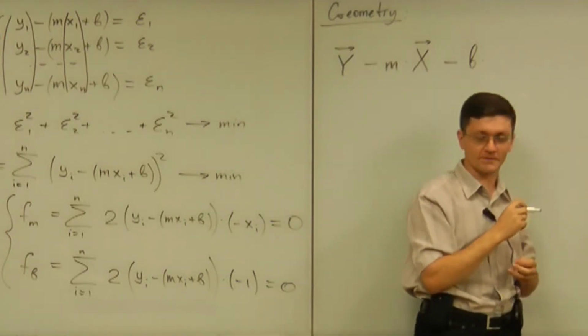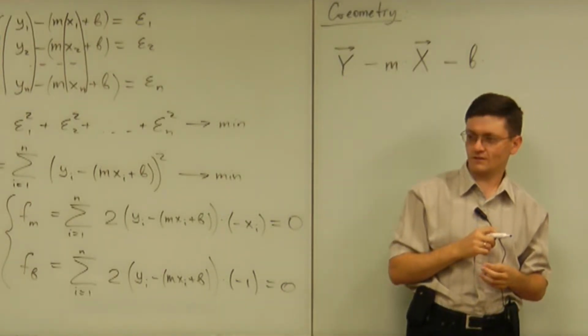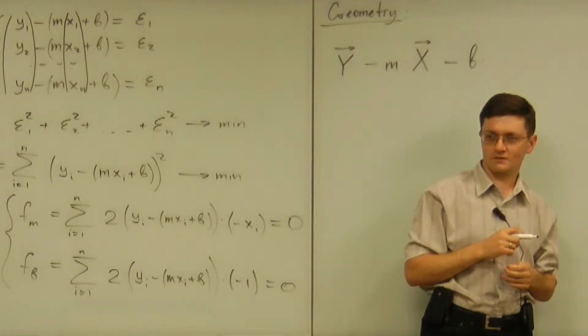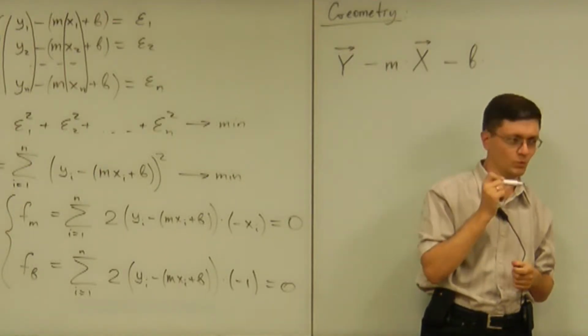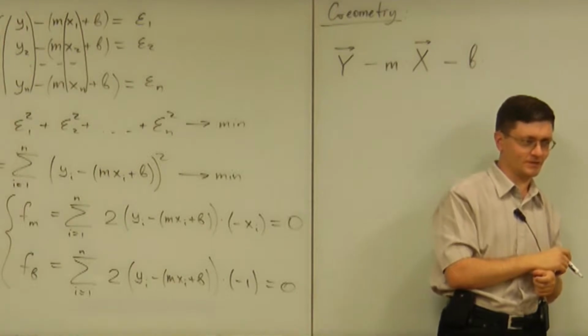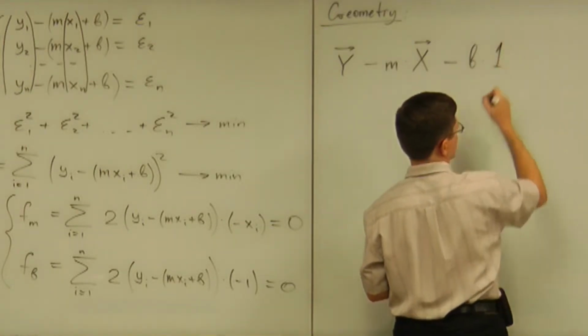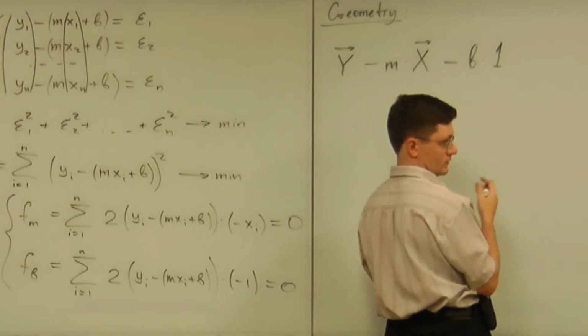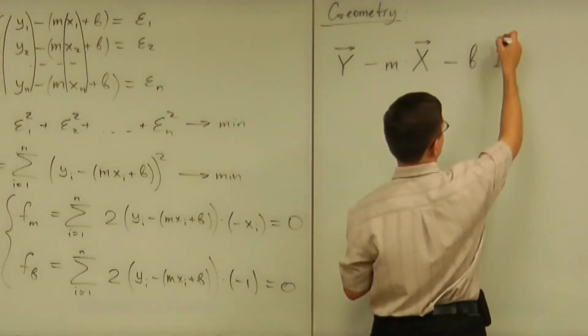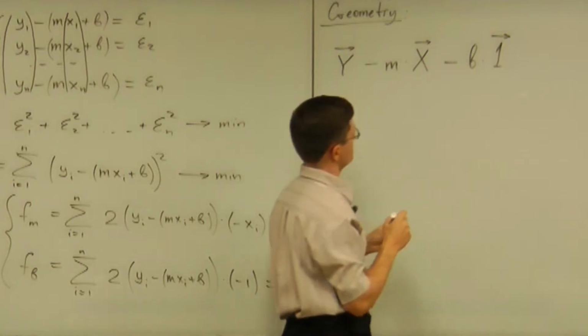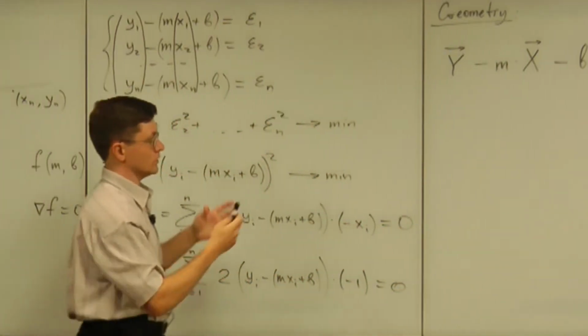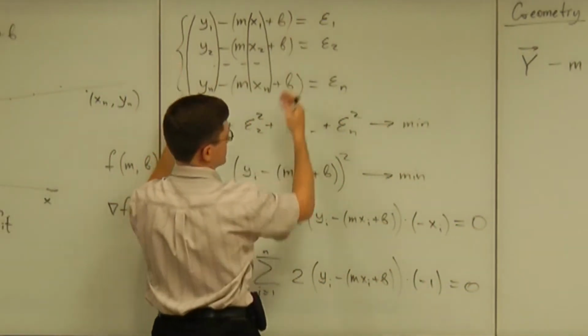What are the coordinates of the vector? One, right? So I can think about a vector made by ones. All the coordinates are ones, but the vector is in n-dimensional Euclidean space. So now I have interpreted this left-hand side.